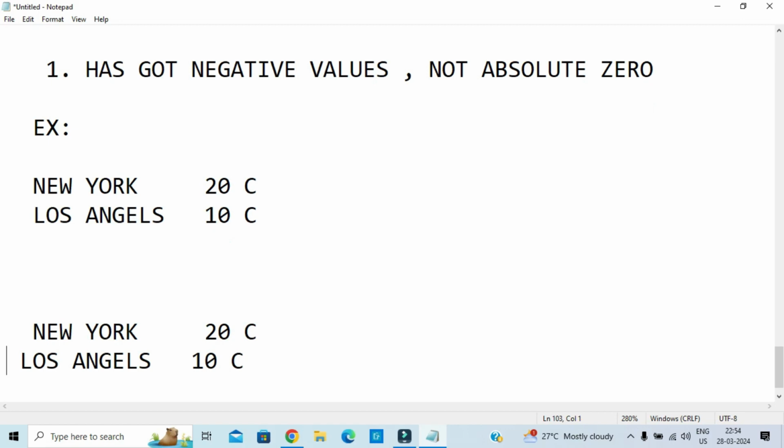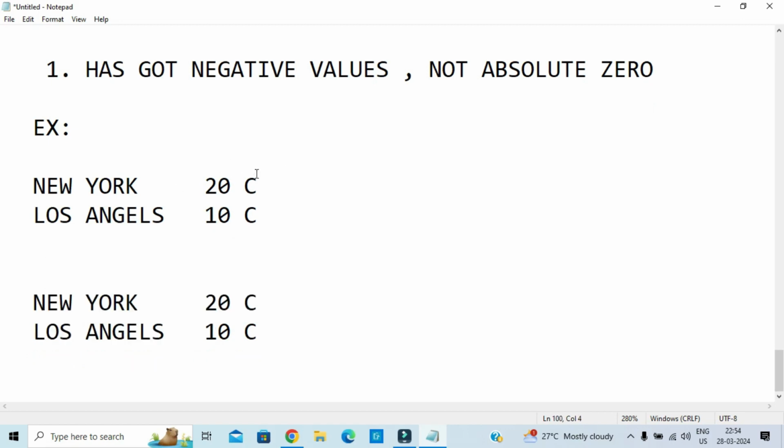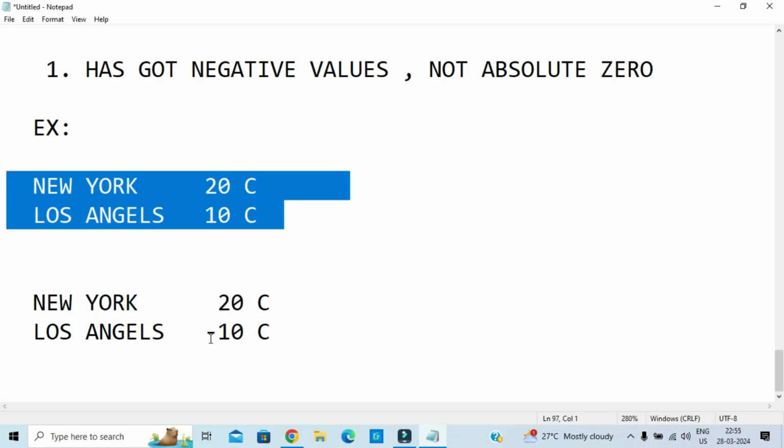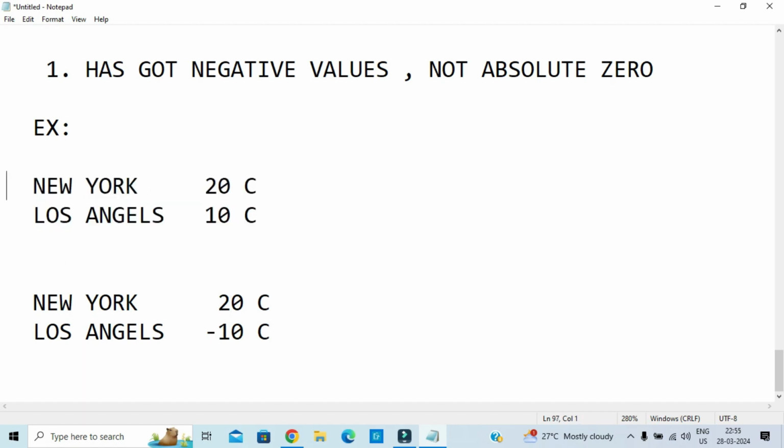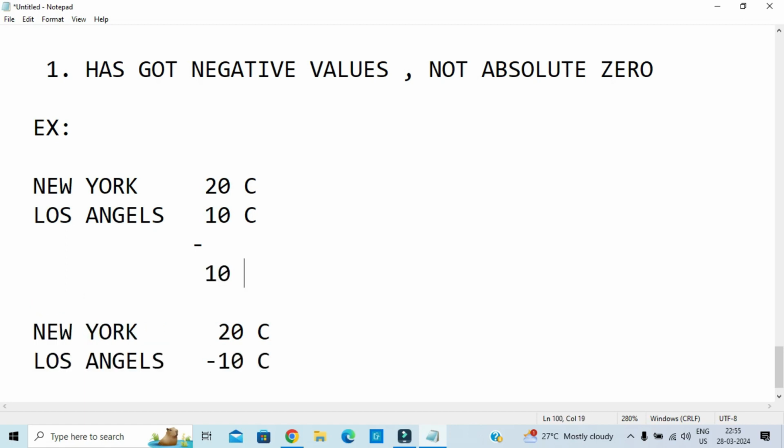If you look at this clearly, what's the temperature of New York? It's 20 degrees Celsius and Los Angeles is 10 degrees Celsius. What is the difference between the New York and Los Angeles temperature? If you do subtraction, the difference is 10 degrees Celsius.